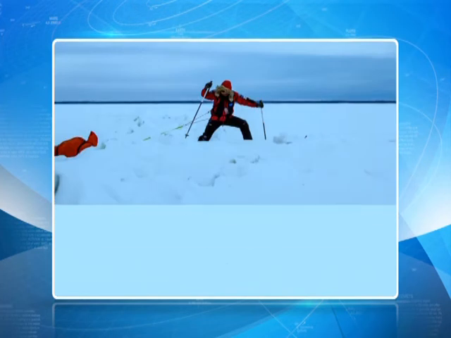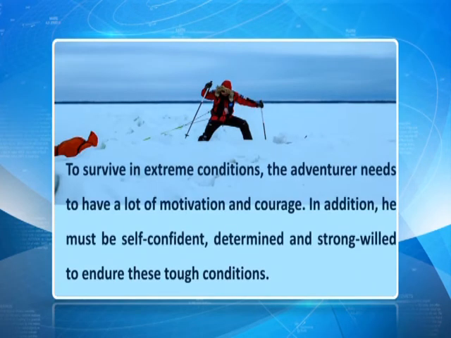Okay? Here is a complete answer. To survive in extreme conditions, the adventurer needs to have a lot of motivation and courage. In addition to that, he must be self-confident, determined, and strong-willed to endure these tough conditions.